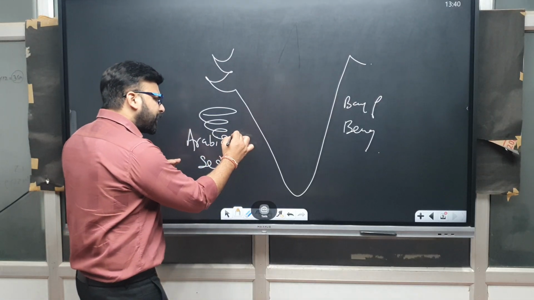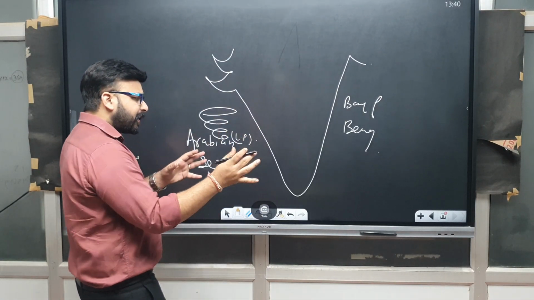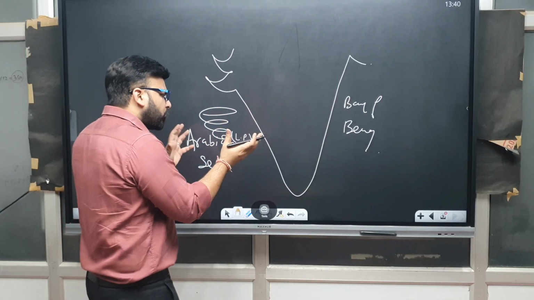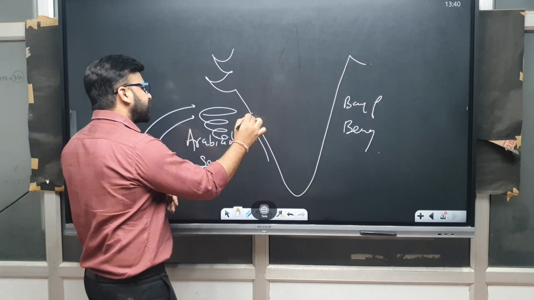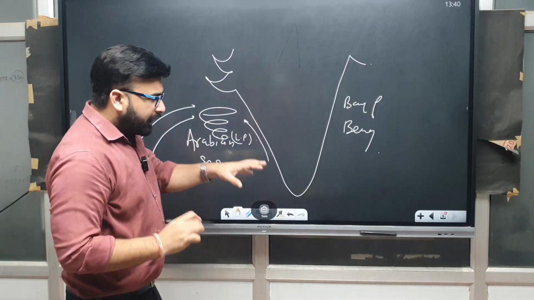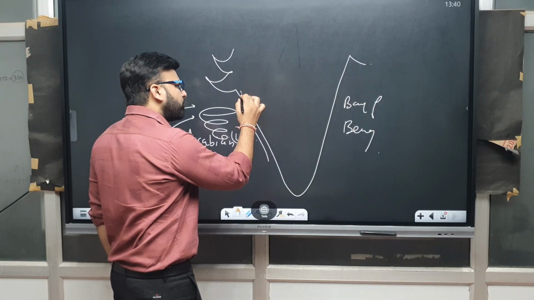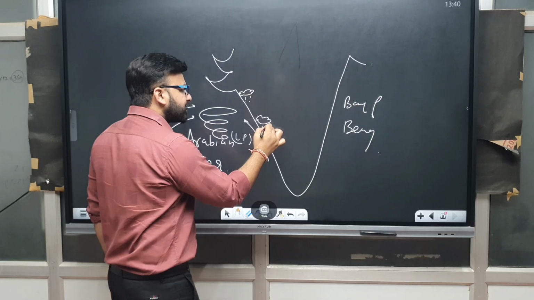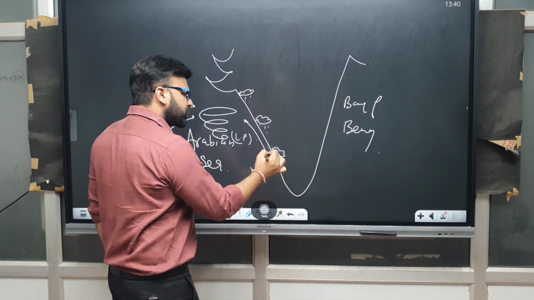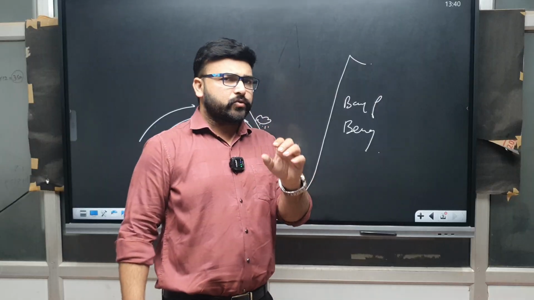Actually, they are the centers of low pressure, and they attract all the winds towards their central point. When cyclones take place, there is a huge amount of rainfall over the coastal areas, because tropical cyclones can affect the coastal areas only.